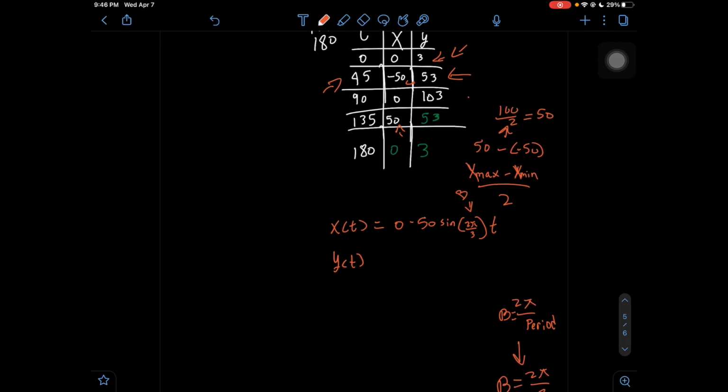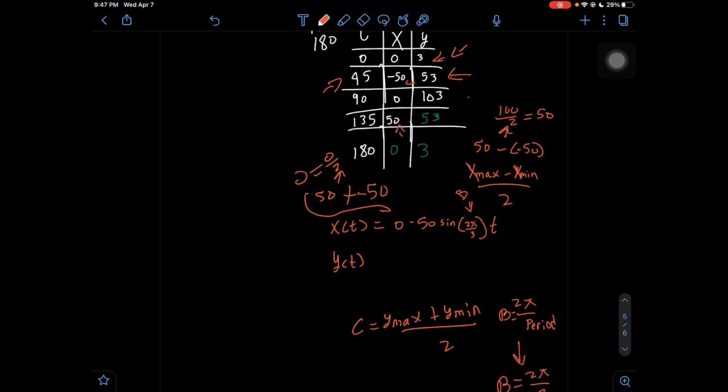Well, we're going to first find our c value, which is this value basically. And the equation for our c value is c equals y max plus y min over 2. We can do it for x of t if you don't know how to get it, because we have our min of negative 50, so we have negative 50 plus our positive 50, which is 0. 0 divided by 2 equals 0.